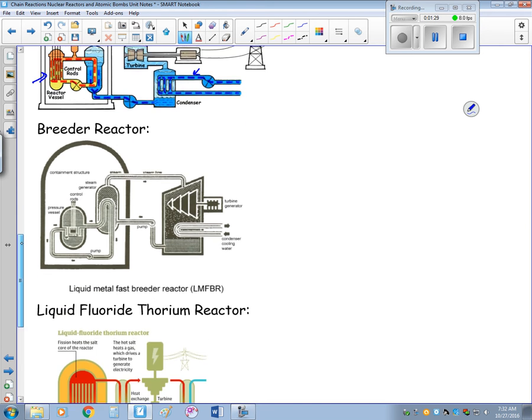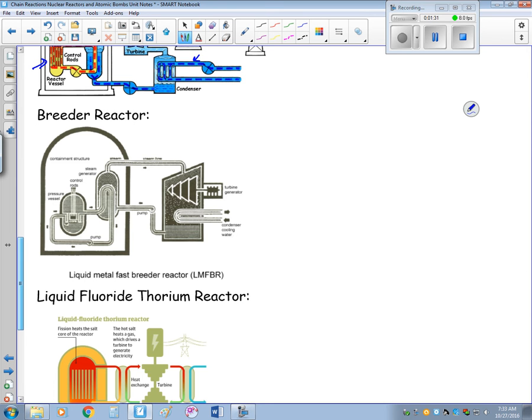The next type is the breeder reactor. What's important for this one is that it generates more fissile material than it consumes.